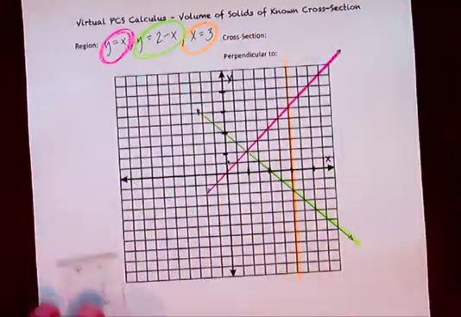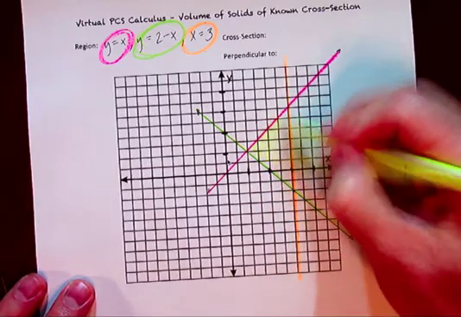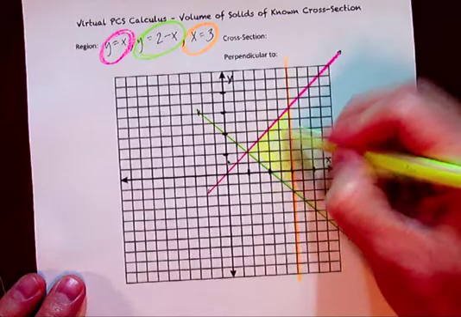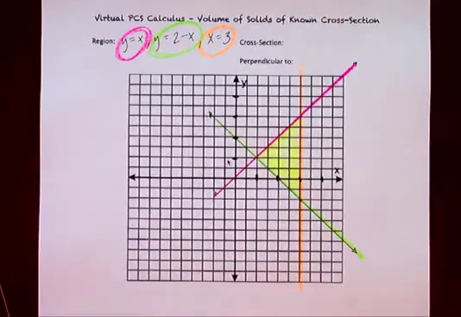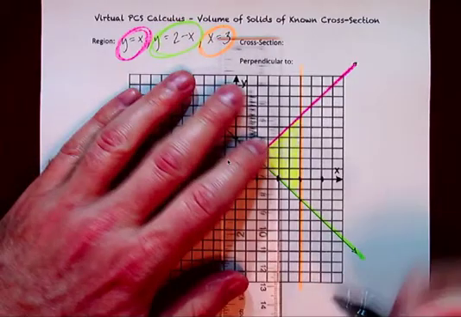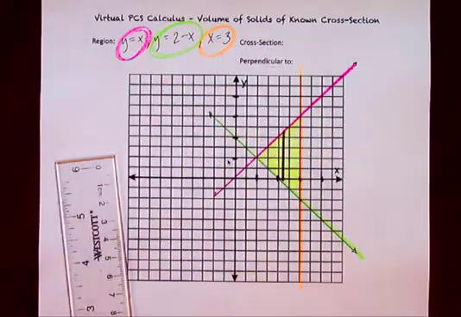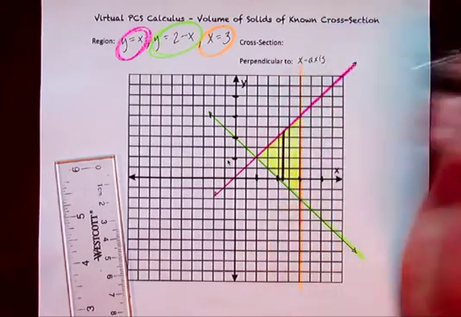Now, that means that our region that is going to be the base for this solid is going to be that triangle created by those 3 graphs. I also know that my cross sections are going to be perpendicular to the x-axis, because they all are on this worksheet that I'm working off of.